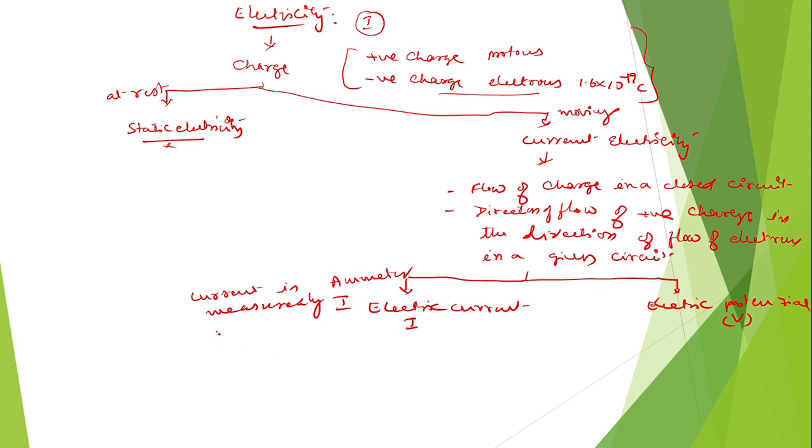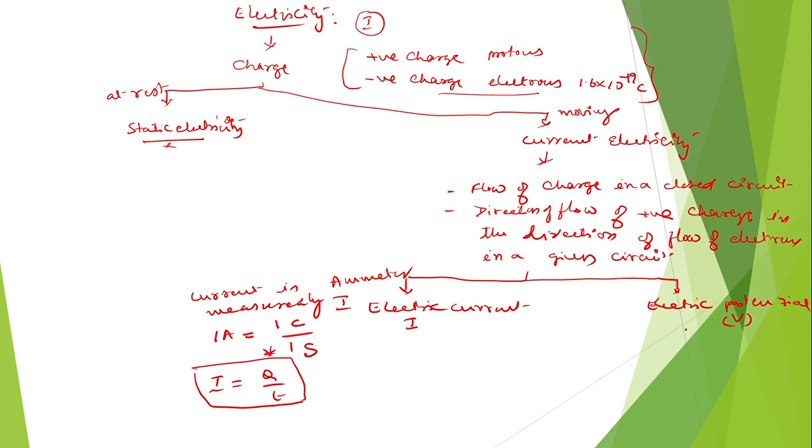That means 1 ampere is equal to 1 coulomb per 1 second, so I is equal to Q by T. This is also one of the important questions.